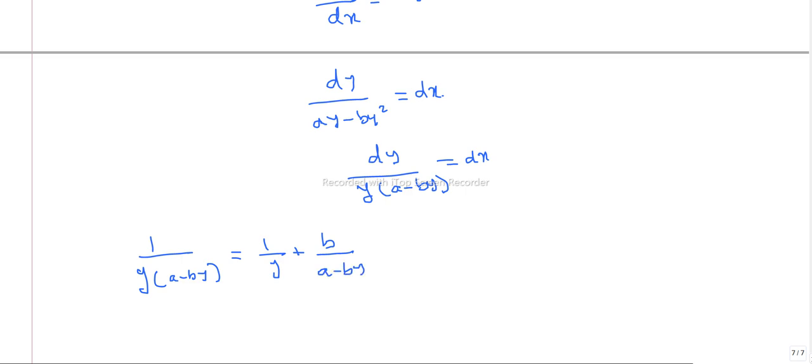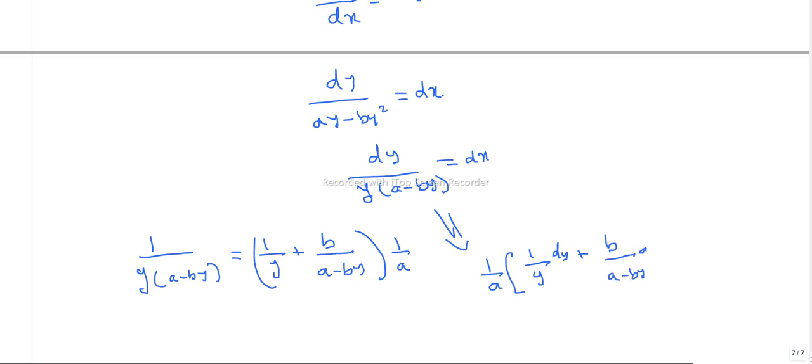Just cross multiply, b cancels, we have a by something, therefore a is missing, therefore we have to divide by a. Therefore this implies 1 by a you can take outside, we have 1 by y dy plus b by a minus by dy equal to dx.